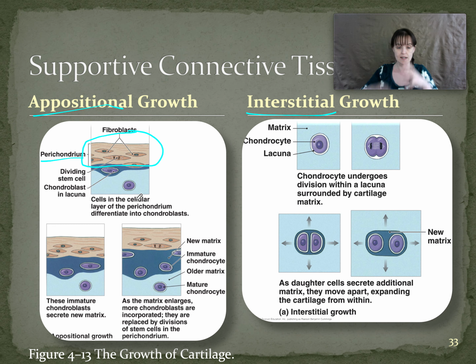Just inside, the cellular layer of the perichondrium builds matrix, and that makes the diameter get bigger. And then the interstitial growth grows new matrix inside.